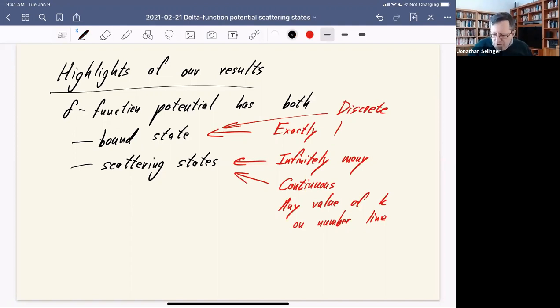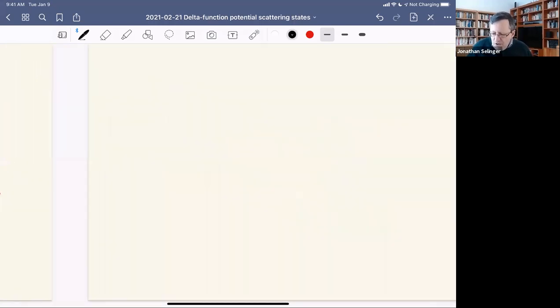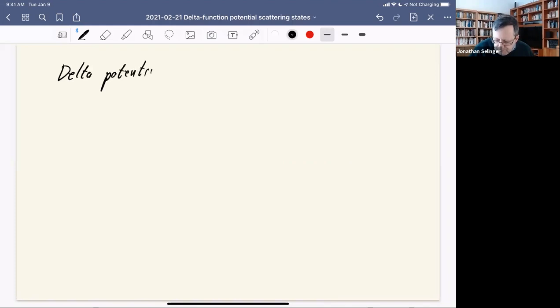Now, I told you back when we started on this big calculation that the delta function potential was like an easier version of the golf course potential. The delta function potential is one where there's a really sharp spike going downwards in the plot of V of x.